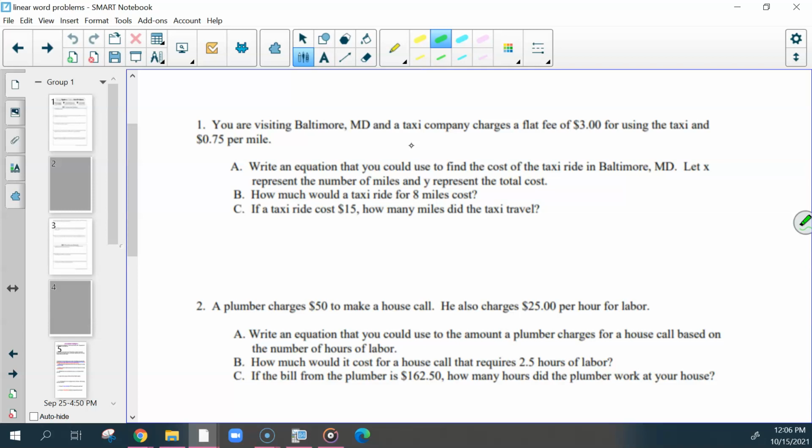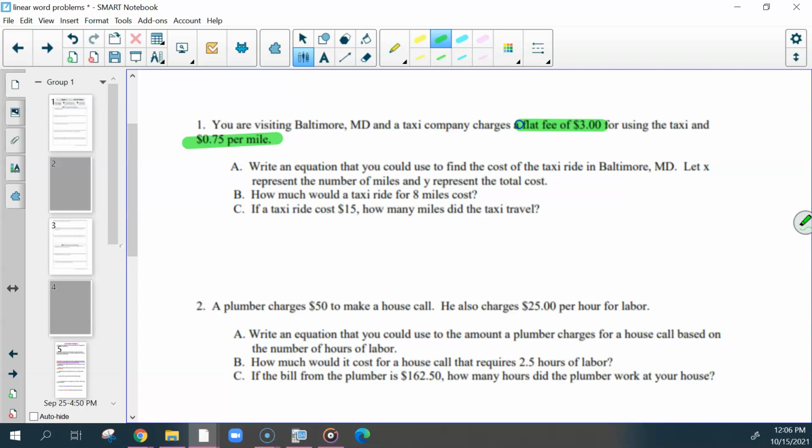In that, what's important? Or what do you think is important? Okay. Flat fee of $3. Anything else you find important? Sam? 75 cents per mile.